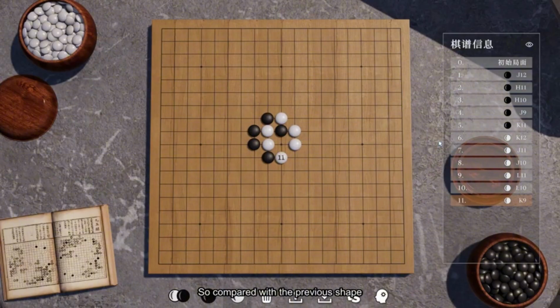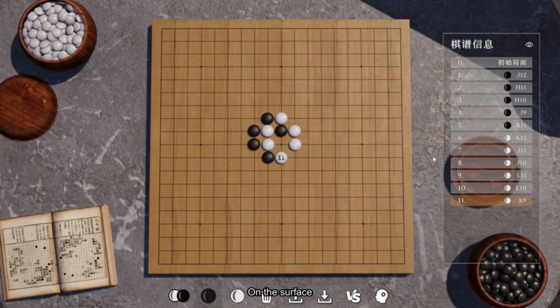Compared with the previous shape, this one stone of black and these 2 stones of white are both left with only this single liberty. At this point, if black plays here, what kind of situation will arise? Please pay attention to this.